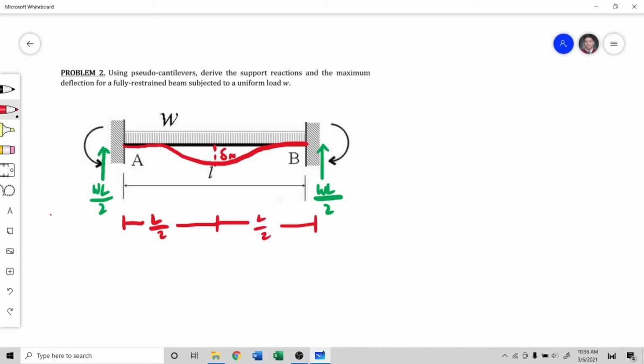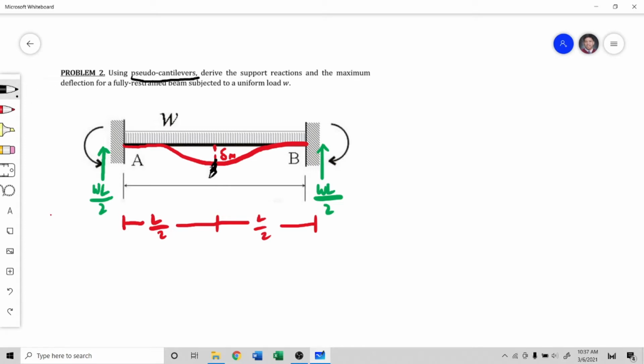Now, since meron tayong maximum deflection at the midspan, using the concept of pseudo-cantilevers, pwede ulit tayo mag-place dyan ng fictitious fixed support natin such that masisimplify natin yung ating figure into a cantilever, into a shorter cantilever beam.